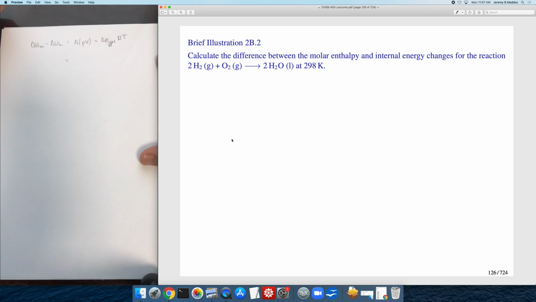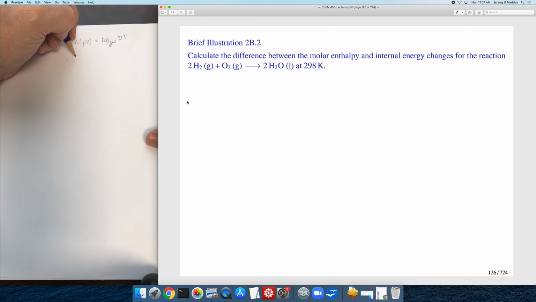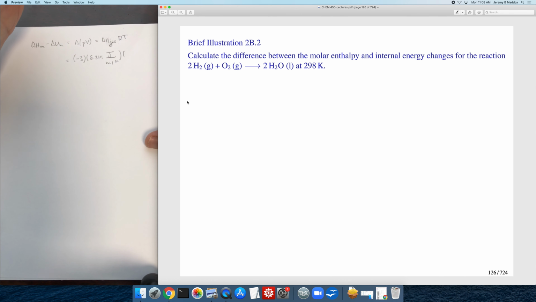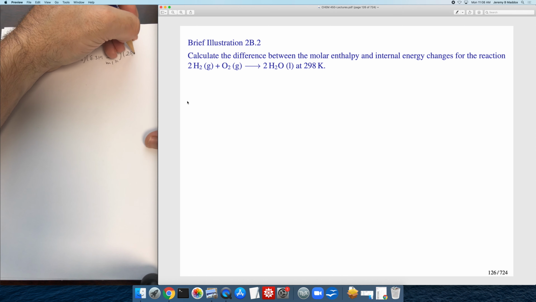In this case, there's the delta n. There's 0 moles of gas in the products and 3 moles of gas in the reactants, so delta n is minus 3, and then we've got 8.314 joules per mole Kelvin, and the temperature is 298 Kelvin.